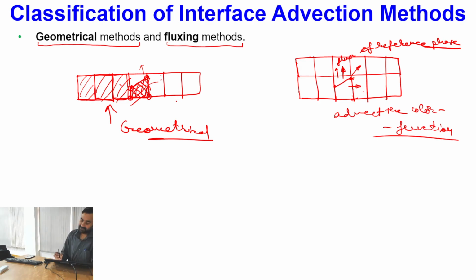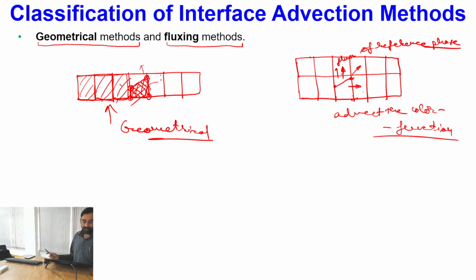On the other hand, when my interest is in calculating the amount of flux which is moving across the sides of the cell, in this scenario ultimately we need to solve the interface advection equation, because in that advection equation, once we discretize it, there will be the estimates of fluxes across the boundary. Is this one clear?